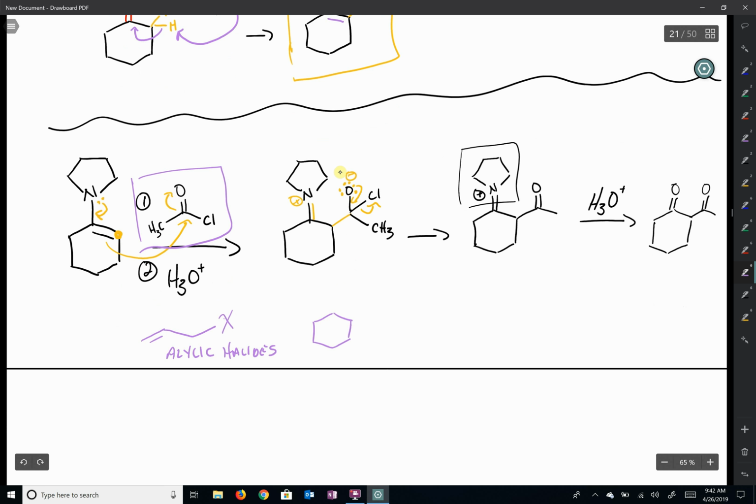Benzyl halides would react, right? Acyl halides would react. We have to have somewhat reactive groups in there to make this happen to any appreciable amount. Although, you know, there are many different conditions for this. We're just trying to give a brief example of what we have here in this case.